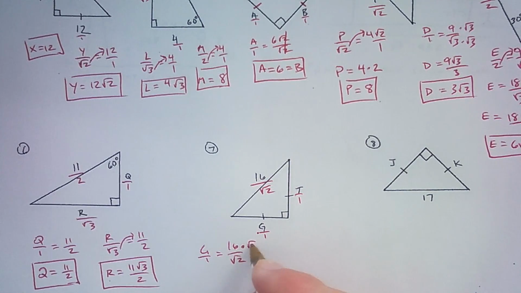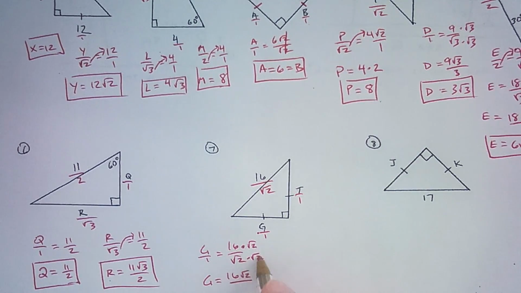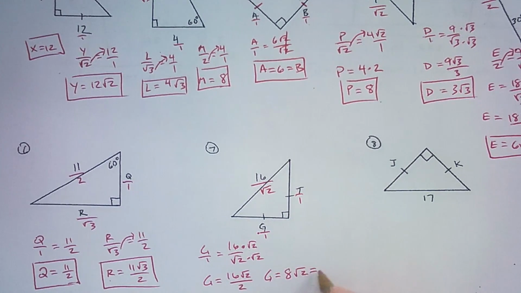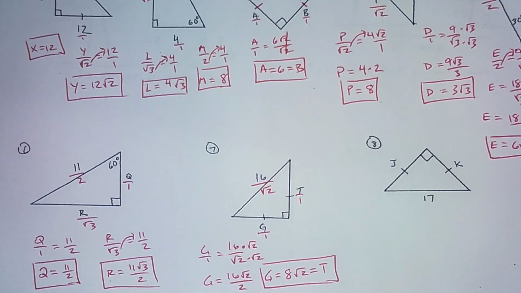But I do need to multiply top and bottom here by the square root of 2 to rationalize the denominator. So I have G is 16 times the square root of 2 over, and then root 2 times root 2 is 2. And 2 goes into 16 8 times, so I have G equals 8 times the square root of 2, and T is also 8 times the square root of 2.